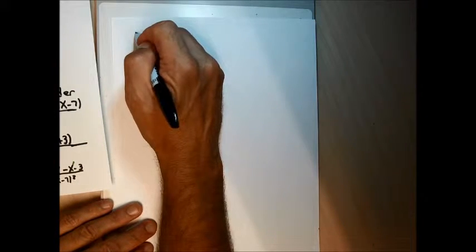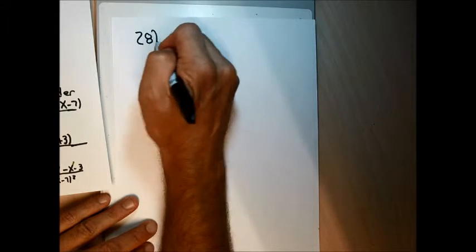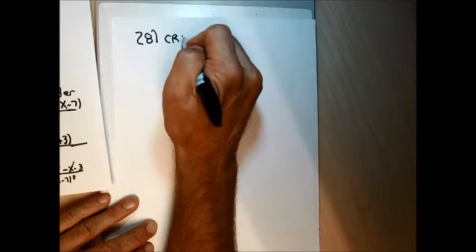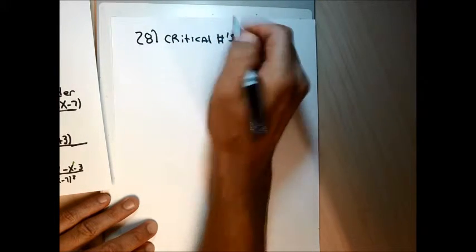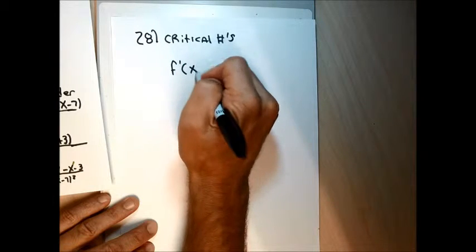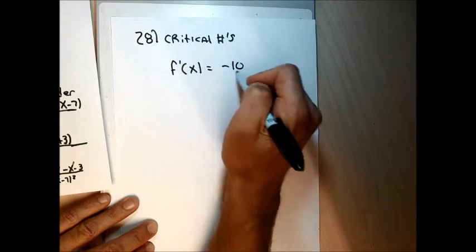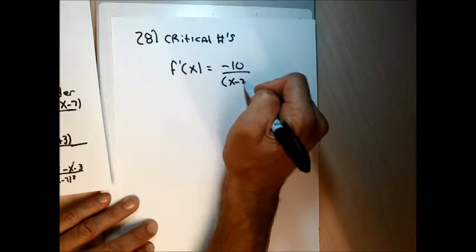So I'm going to do part B by hand, but on another piece of paper. So for part B of 28, the critical numbers, the derivative f prime of x equals negative 10 over x minus 7 quantity squared.